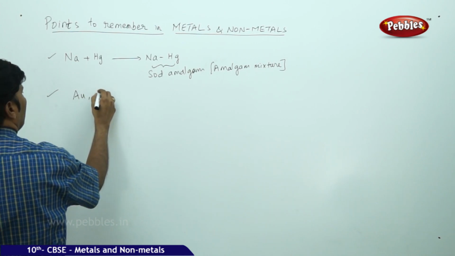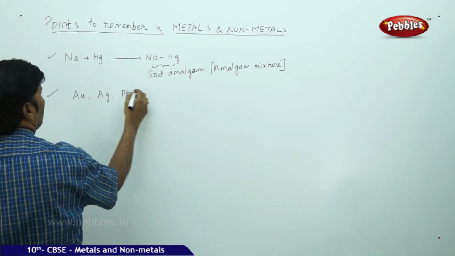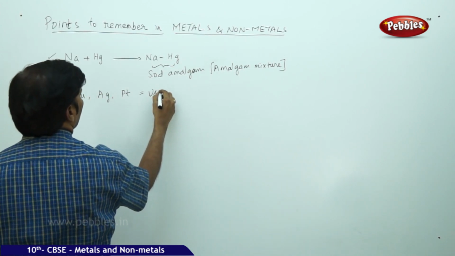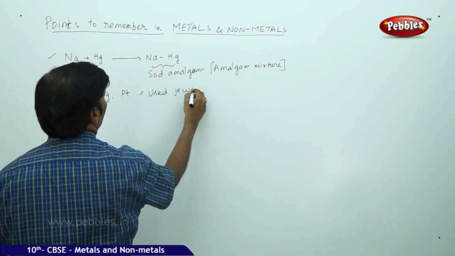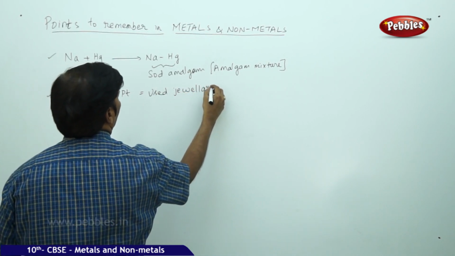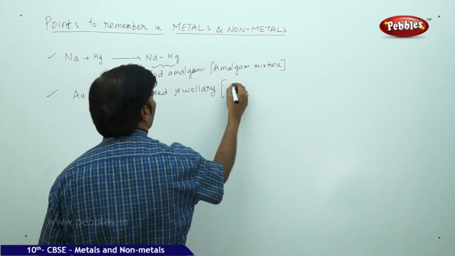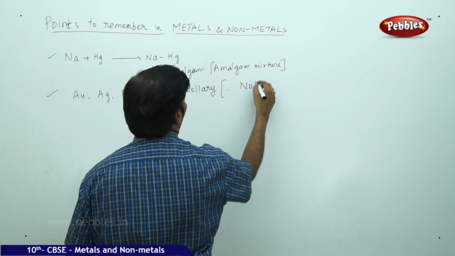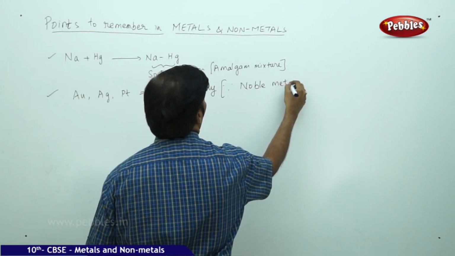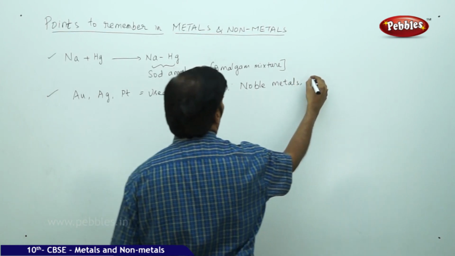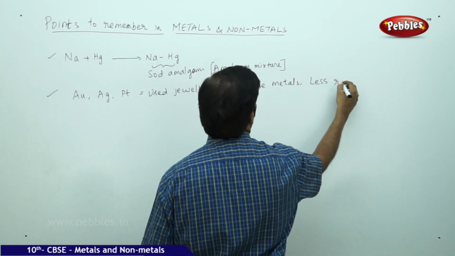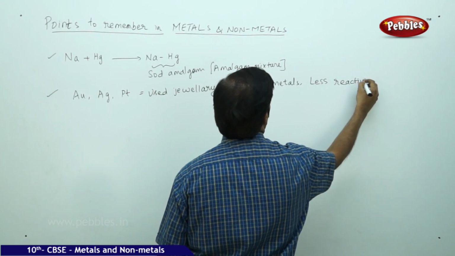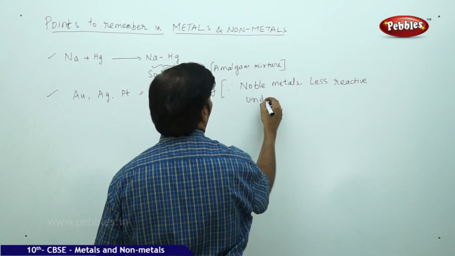Gold, silver and platinum are used in jewelry, since these three elements are noble metals, they are less reactive under ordinary conditions.